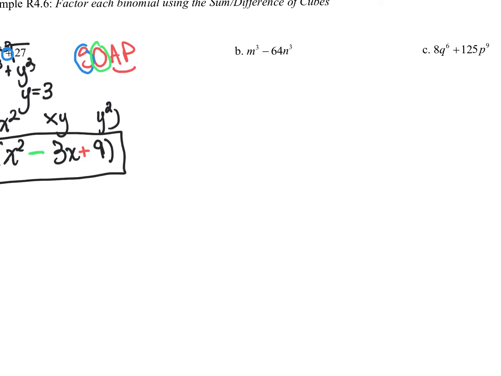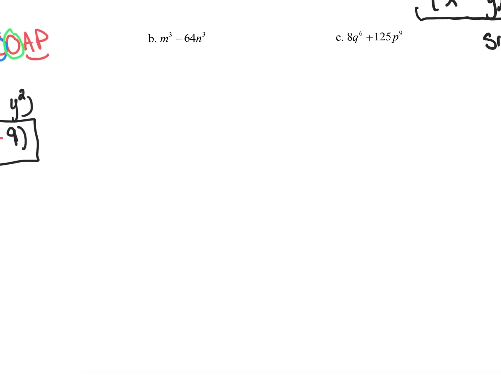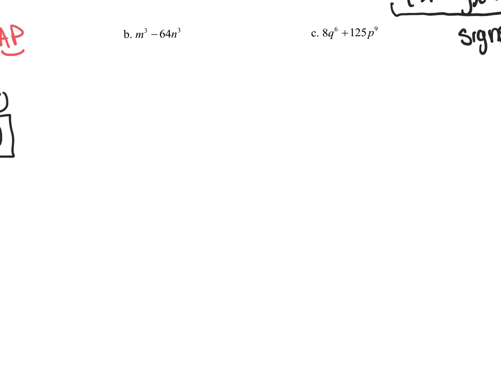So let's try it again. So this is x cubed minus y cubed. So I cube root both of these to find out x. So x is going to equal m, and y is going to equal, the cube root of 64 is 4, and then n.